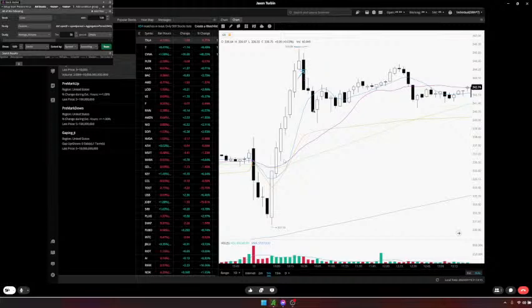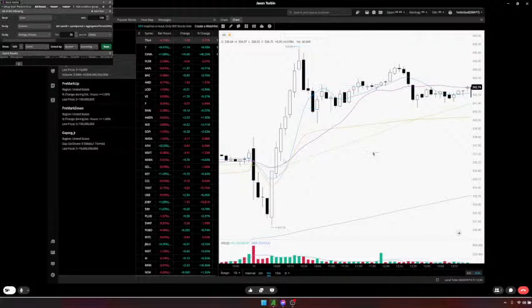Short right there, got down to about 3 bars, took a partial. I think I took a partial at the 8 moving average. You did the same thing, and then the next green ball, and then above that I got out. So I managed it like that.